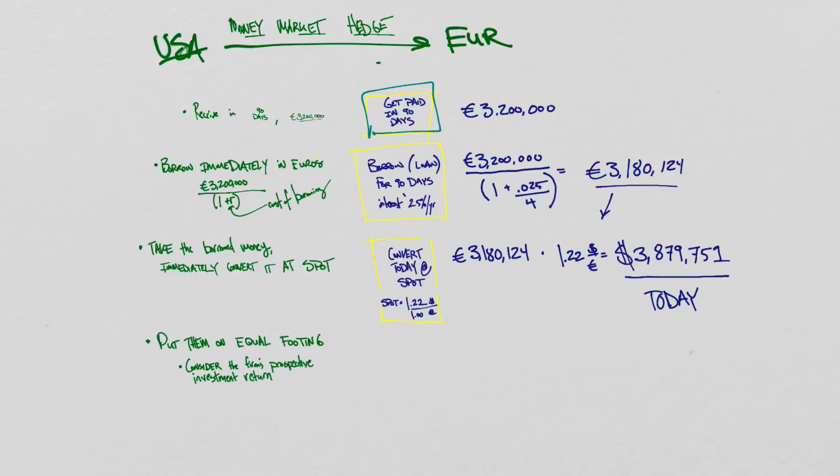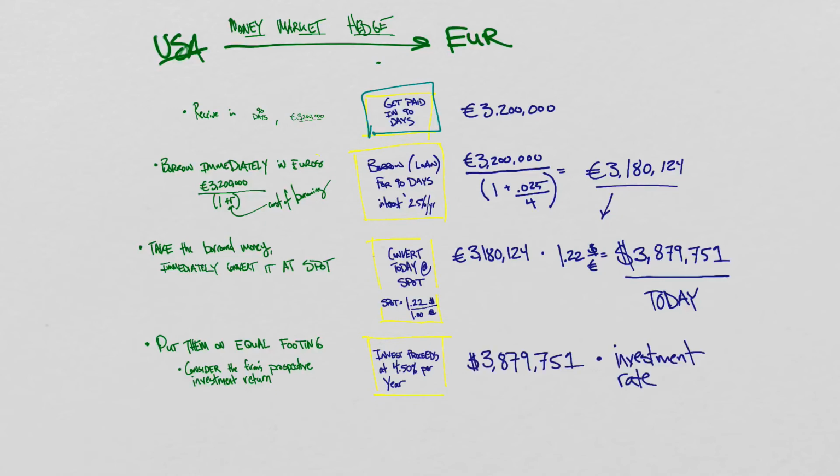So suppose that this firm, if it had this $3.87 million today, could generate a return with that money of 4.5% per year, then our next step is to just scale up these proceeds, the $3.879 million, by the investment rate here.